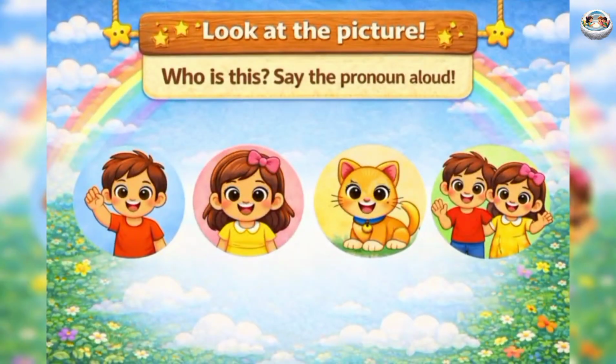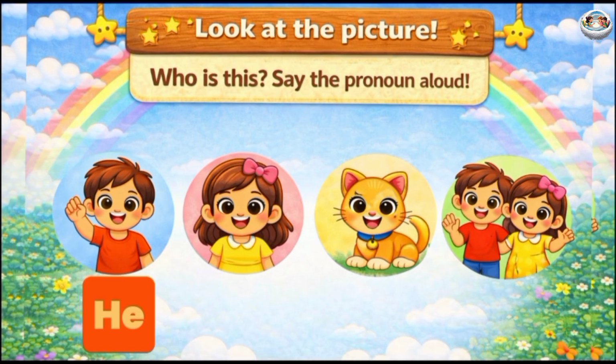Let's do another activity. The activity is look at the picture. Who is this? Say the pronoun aloud. First one is Ali. So we will use he for the boy.